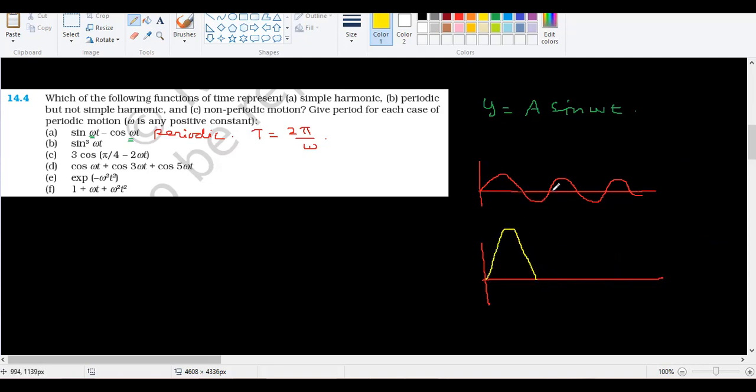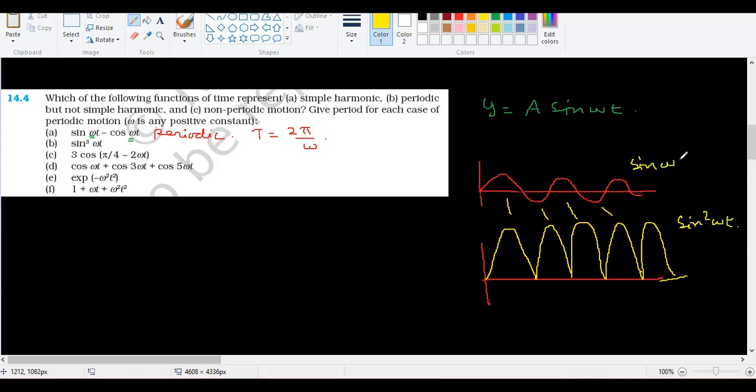If I square this, minus into minus will become plus. So it means it will go something like this. This is again plus square. See, I don't have enough space, so that's why I'm kind of struggling. So this is what a sine squared omega t looks like.